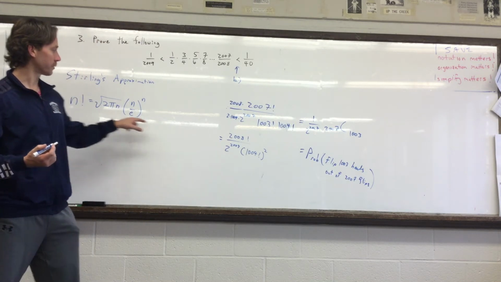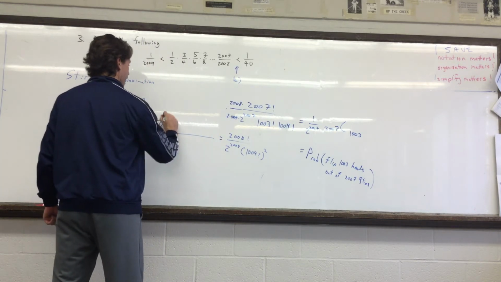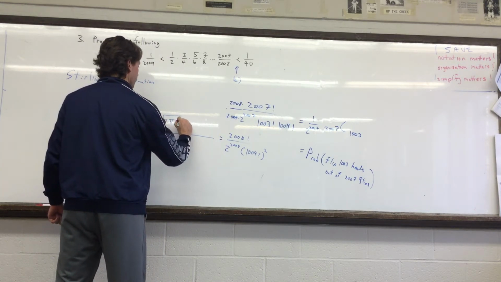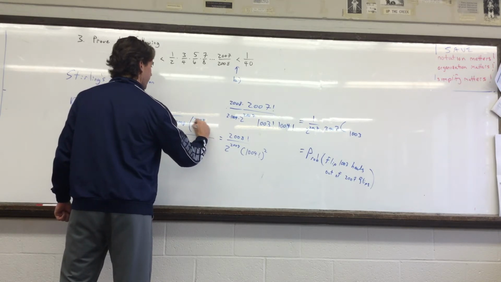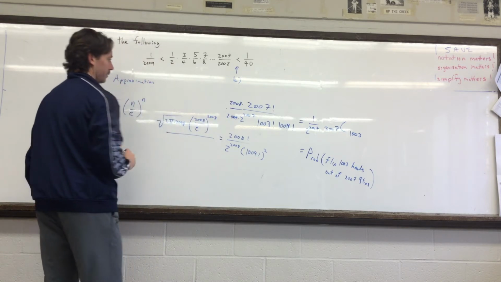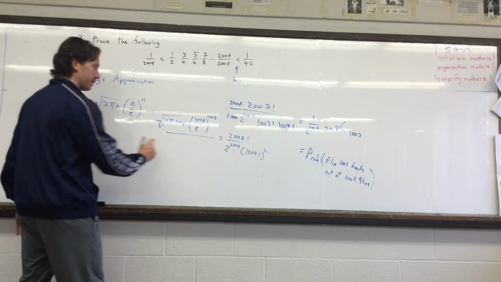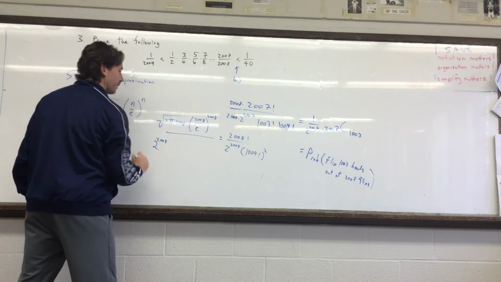If I plug in Stirling's formula for these factorials, I'm going to get square root of 2 pi times 2008, times 2008 over e to the 2008 power. Looks terrible, but have a little faith. Divided by, I've still got this term here, 2 to the 2008.